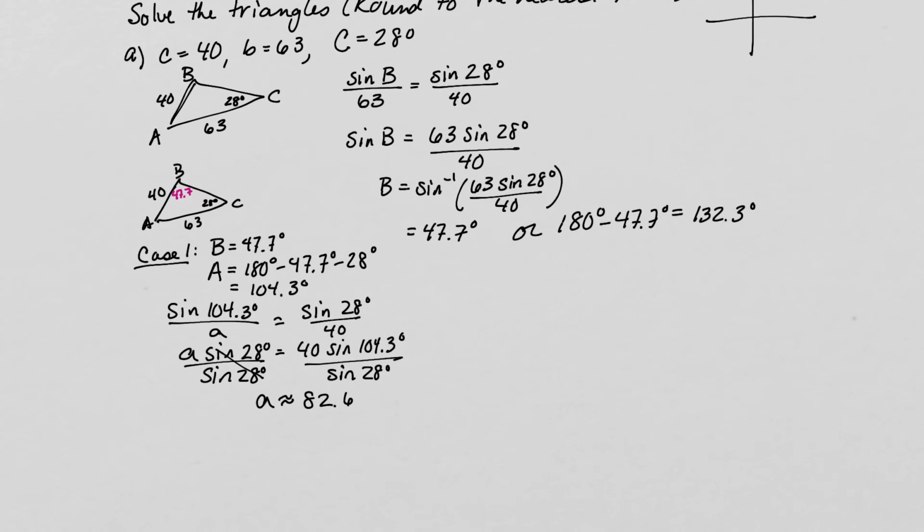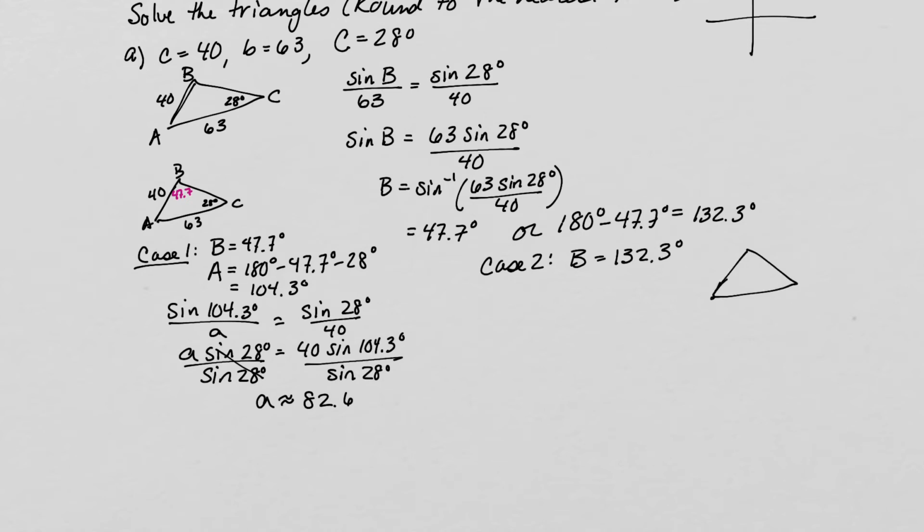One answer is what I just found over here. For the second answer, we have to look at case 2. Case 2 is that big B is equal to 132.3 degrees.